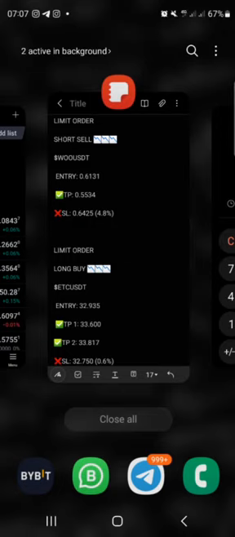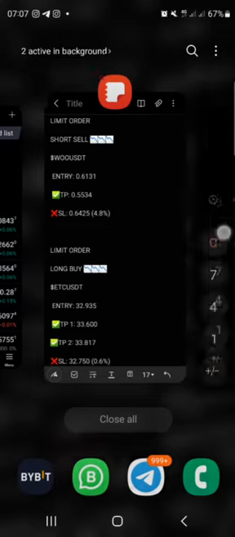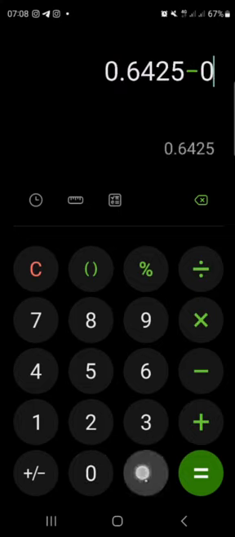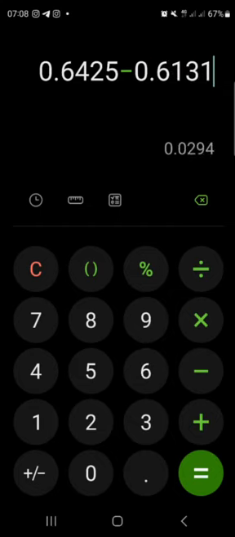So you're going to subtract the entry from the stop loss, because the stop loss has a higher value, because this is a short sell. So that's 0.6425 minus your entry, which is 0.6131. This is what you get, 0.0294.